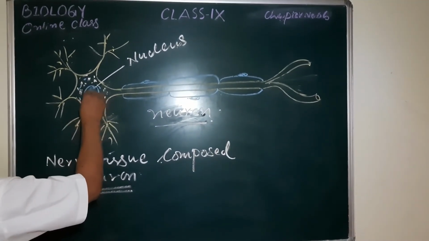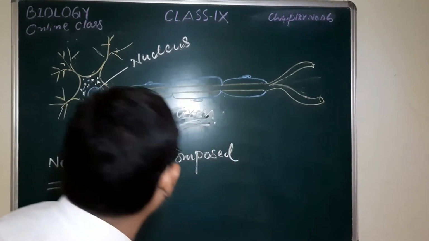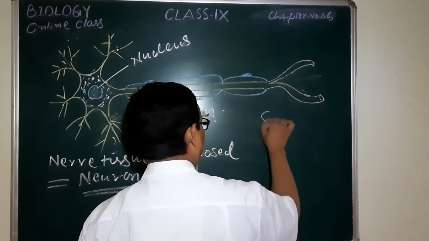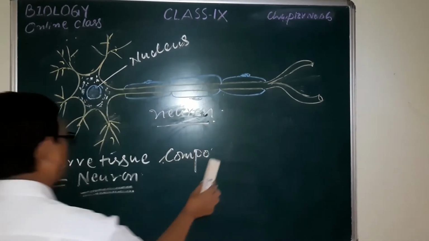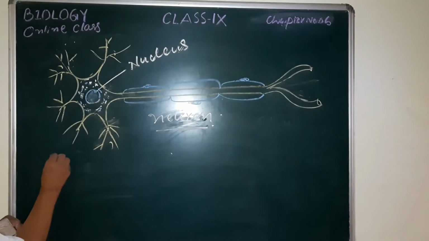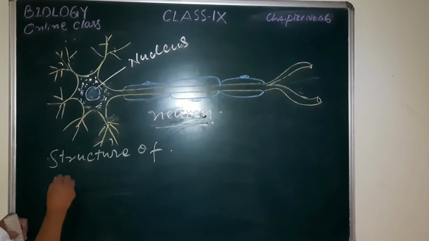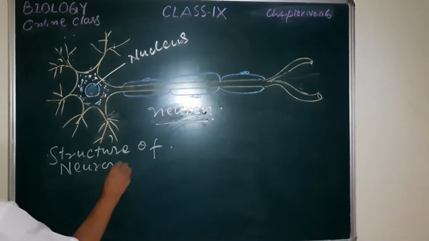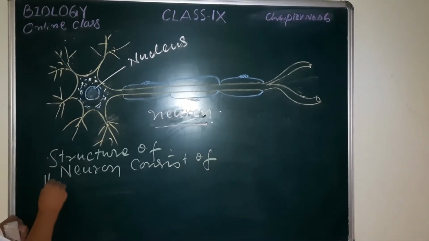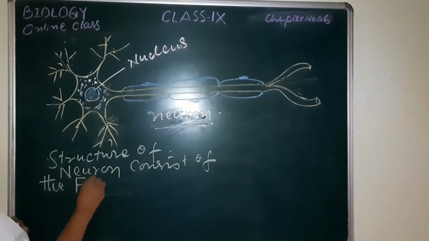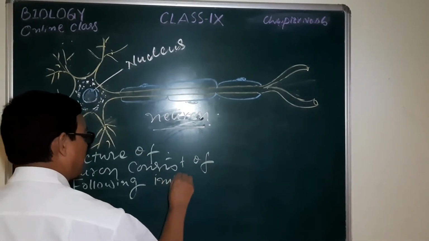And actually the main point here is the structure of a neuron consists of the following important parts.